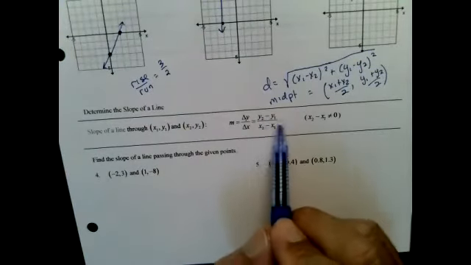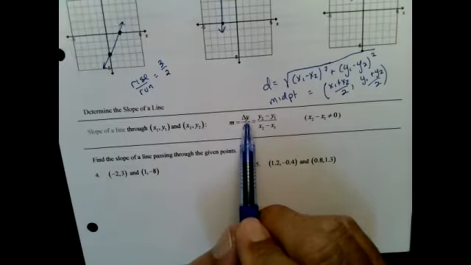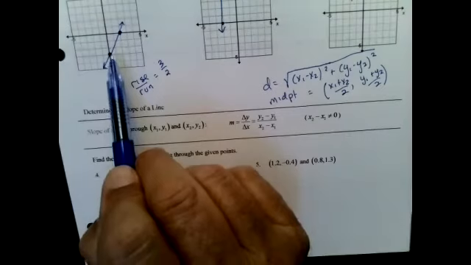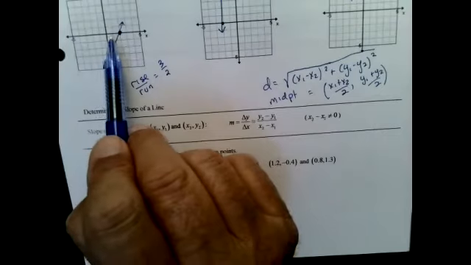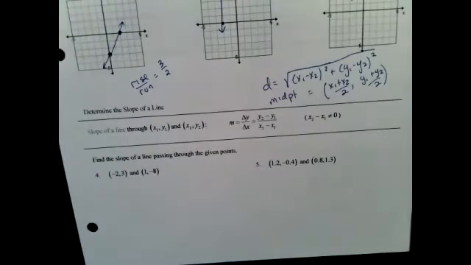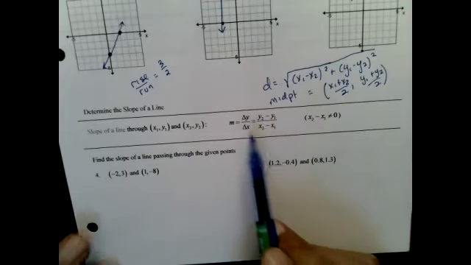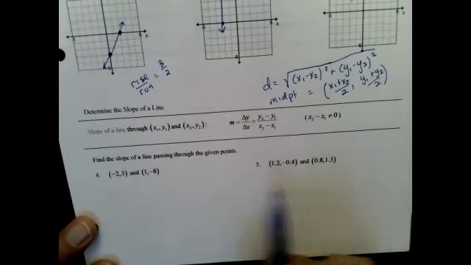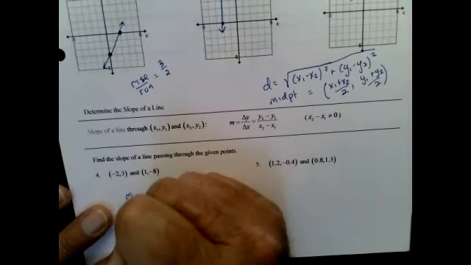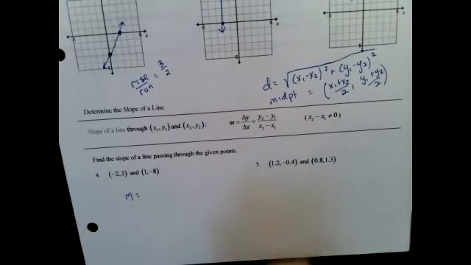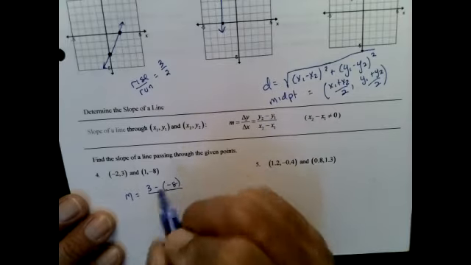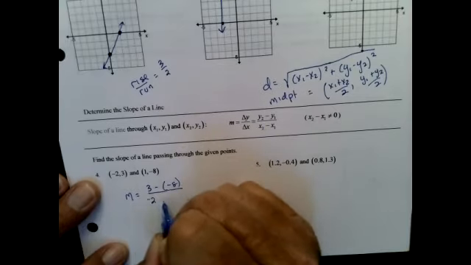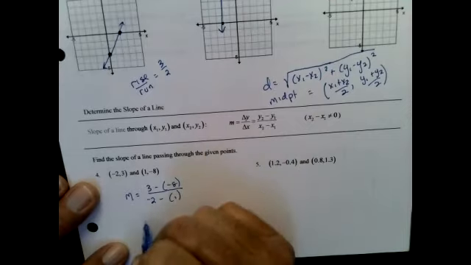And again, you see this delta y means the change in y. The change in y from one point to the next, from here up. And then the change in x from where I stopped over. It can be found by the formula: the difference in y's over the change in x's. So here, my slope, the letter m, equals 3 minus -8 over x minus x.